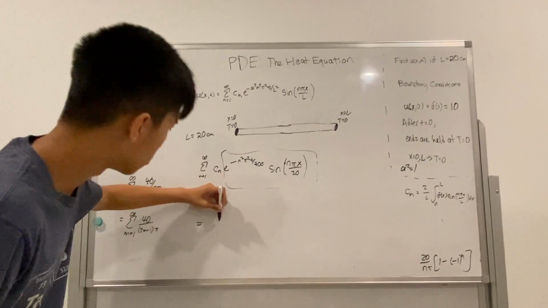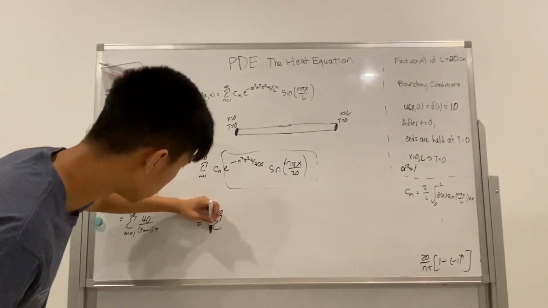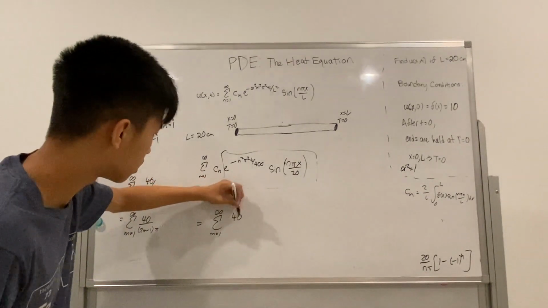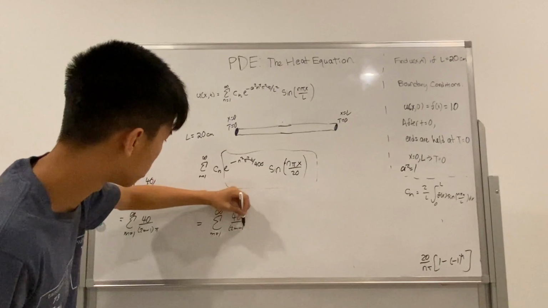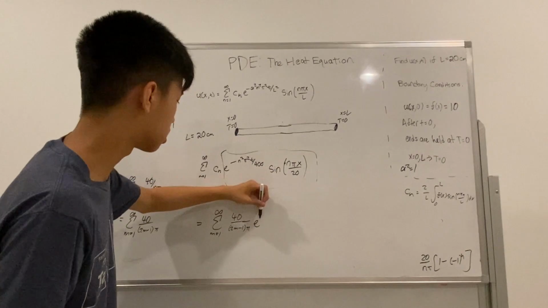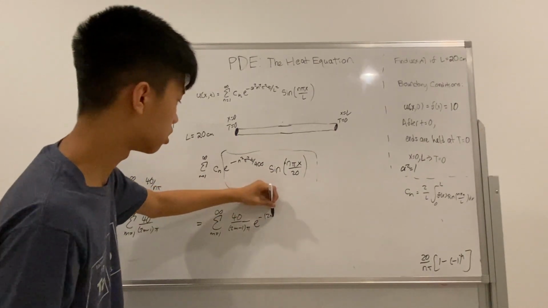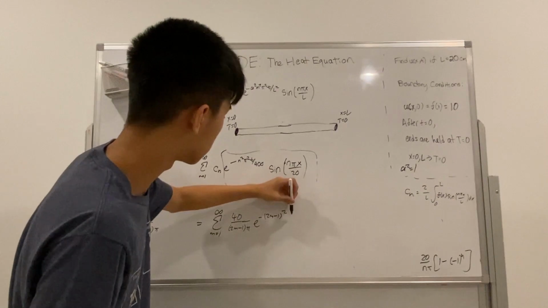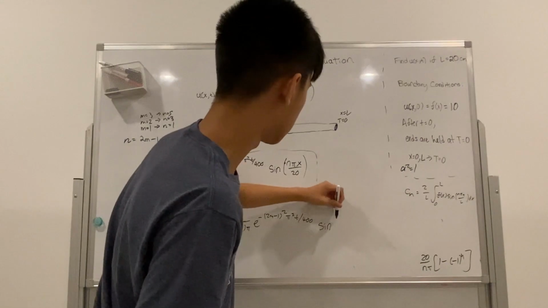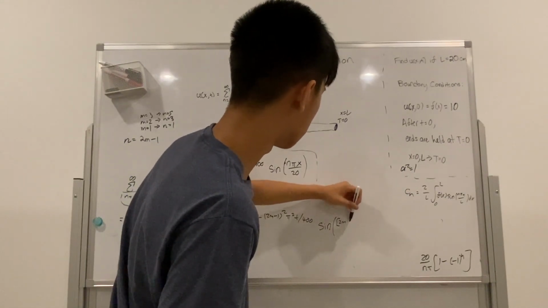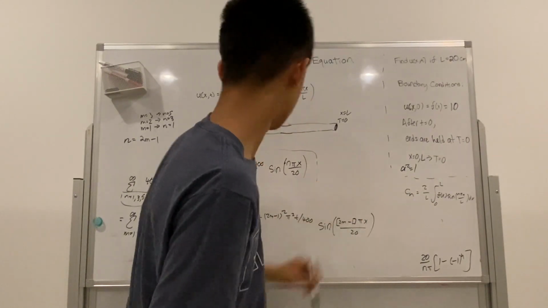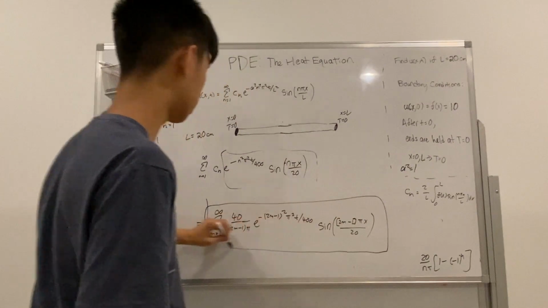So now we have the infinite series from m equals 1 to infinity of 40 over (2m minus 1) pi times e to the negative (2m minus 1) squared pi squared t over 400 times sine of (2m minus 1) pi x over 20. That's our solution to this problem.